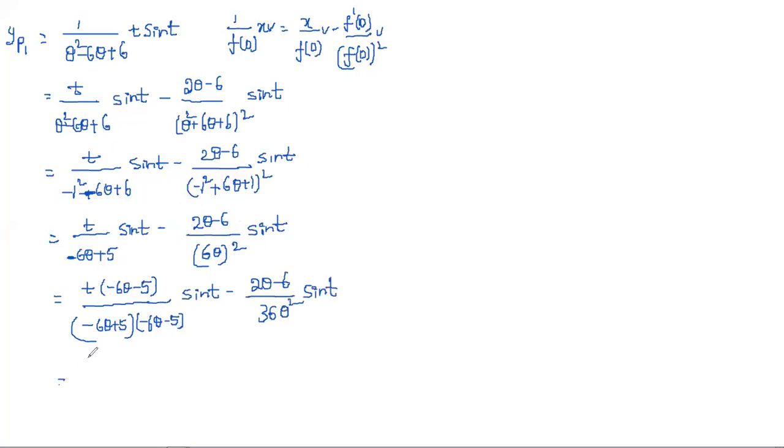So this is equal to t into minus 6 theta minus 5 by, so this is a plus b into a minus b. That is simply we can write 36 theta square minus 5 square, which is nothing but minus 25. And then sine t, third step.